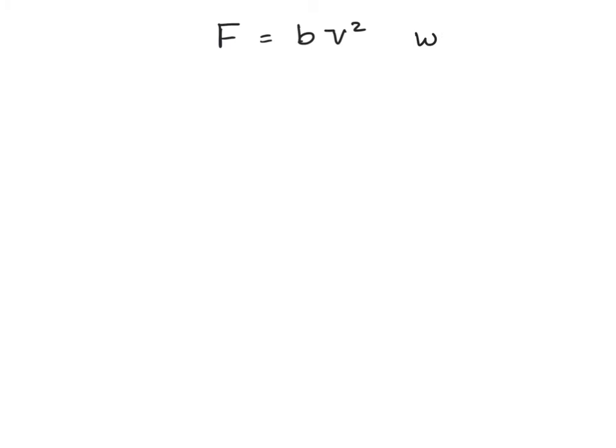This is wind resistance. And in particular, it's wind resistance when the wind speed is high. Often when the wind speed's low, the formula is F equals B times V without the square on it. But we'll just assume that this is going to be F equals B times V squared.